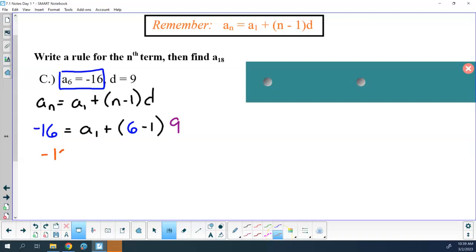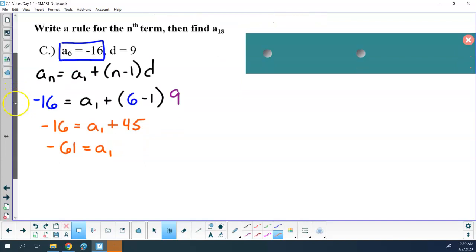So this becomes negative 16 is a sub 1 plus 45. Subtract 45 from both sides, and I get negative 61 is my first term. Agreed?